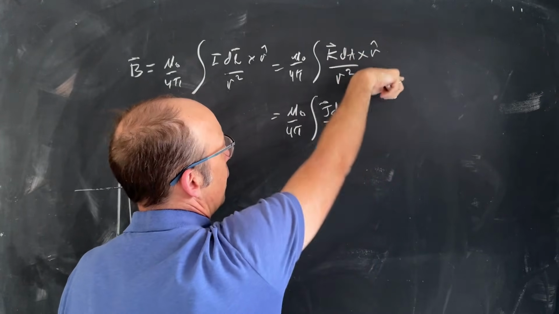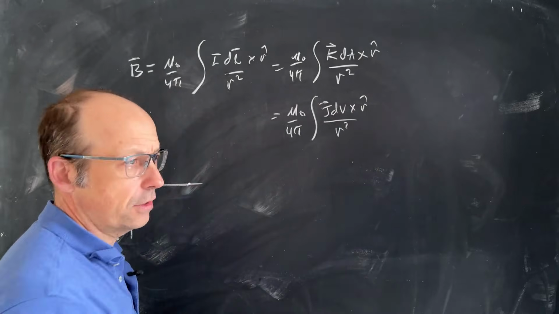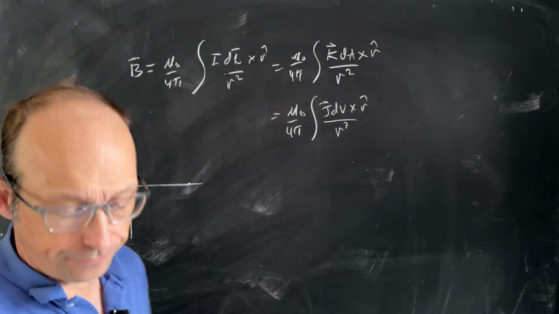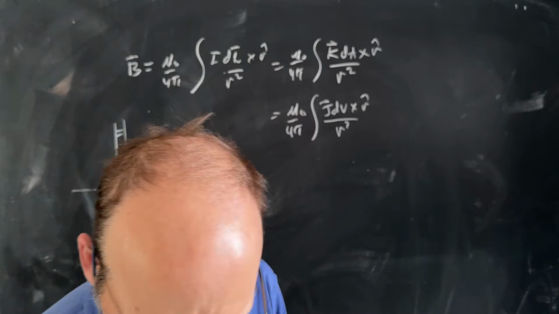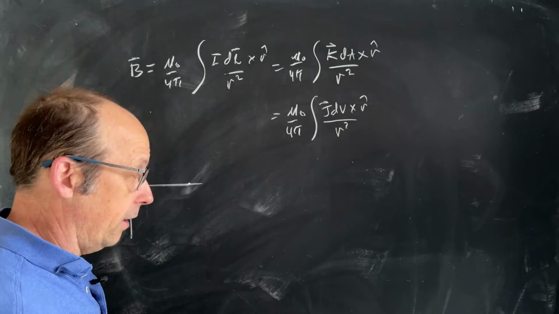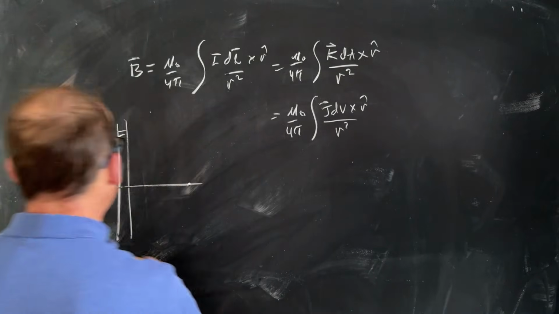And a lot of times we'll move that dA over there and move that dV over there. It's a scalar value. Okay, those are all equivalent. Okay, now we're ready for another way to find the magnetic field, and that's Ampere's law.